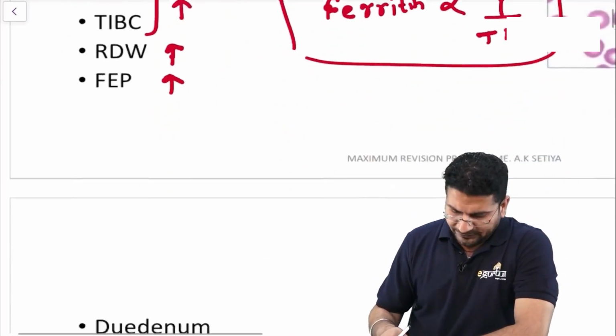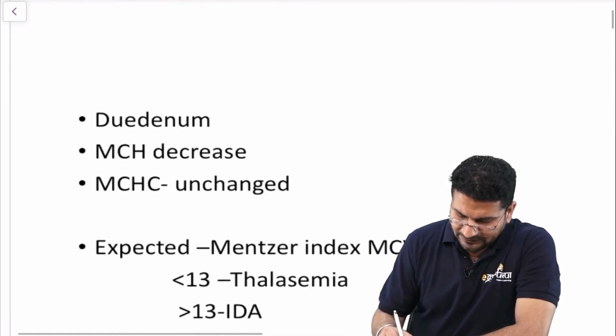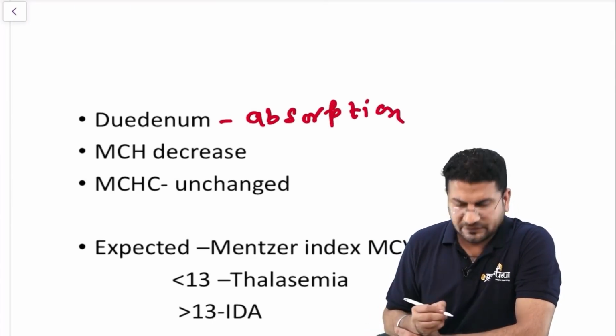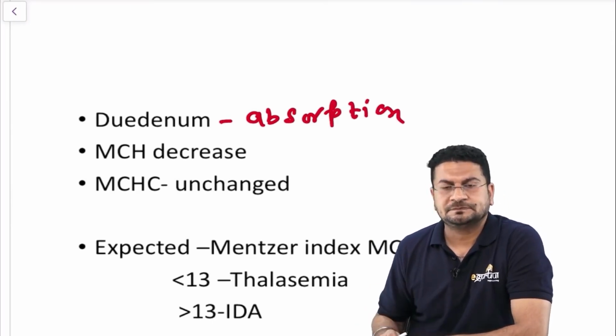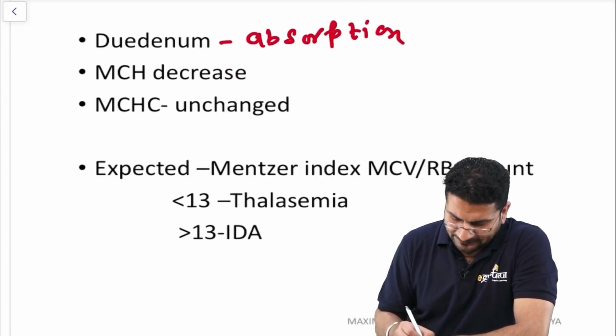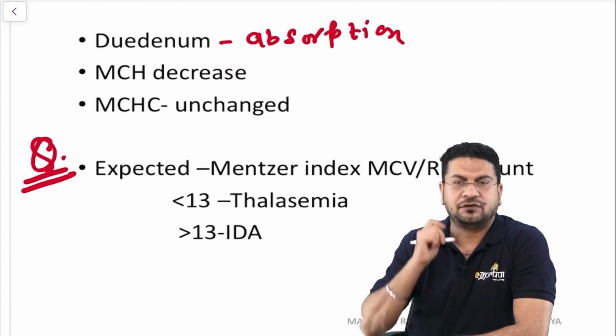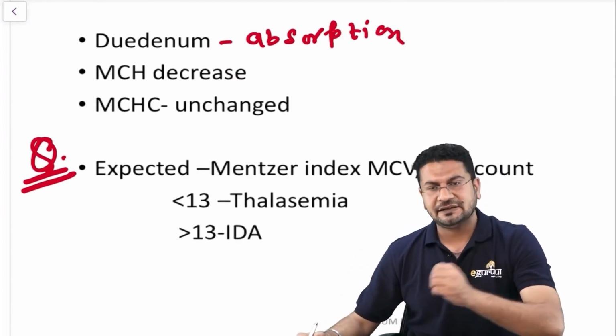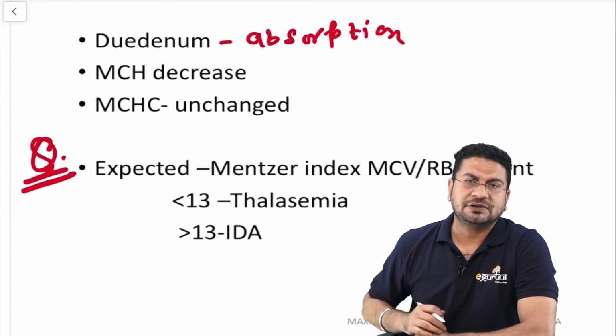A few more things: iron absorption occurs in the duodenum. MCH will decrease, MCHC remains unchanged. Here is an expected, fresh question possible in your exam: the Mentzer index. Mentzer index is the ratio of MCV and RBC count.